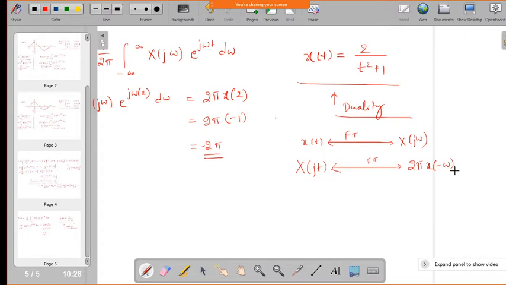Generally it will be x of omega, so if you interchange this, it is plus omega now.